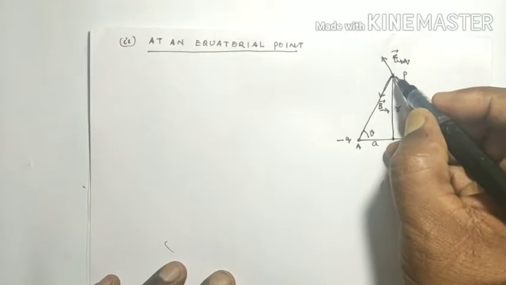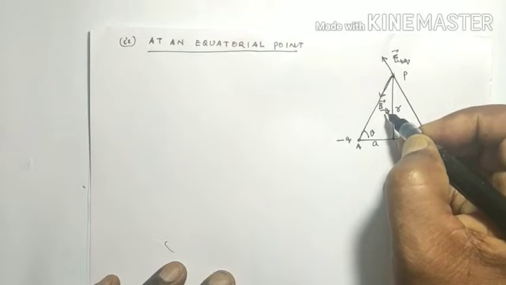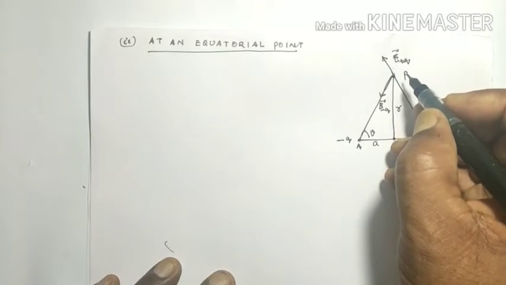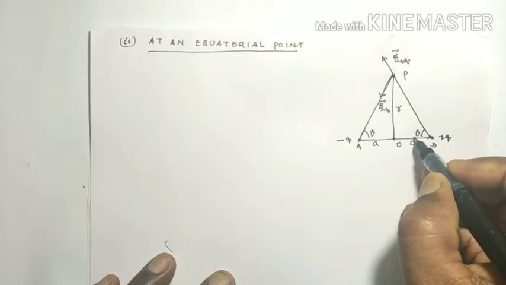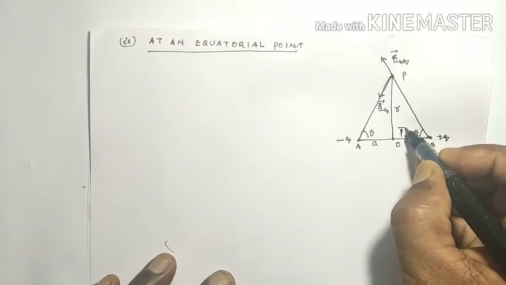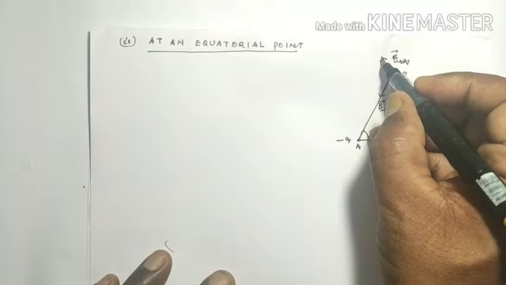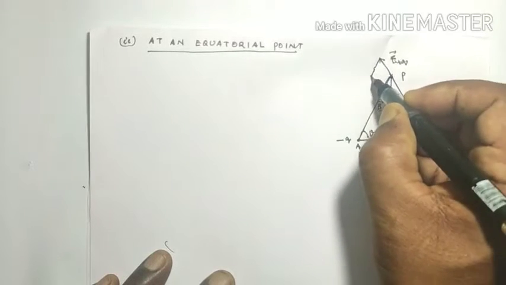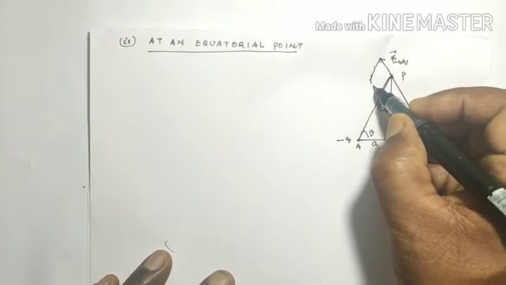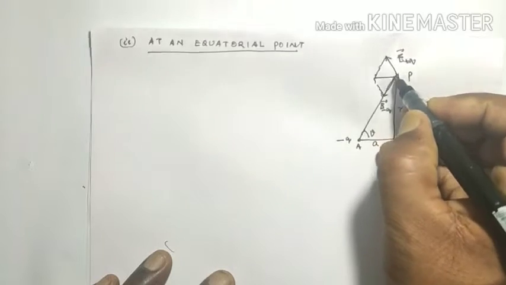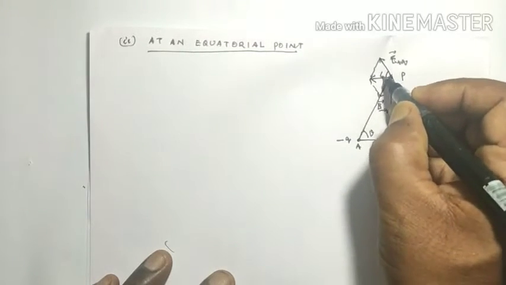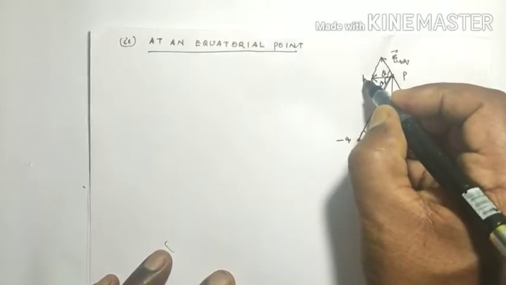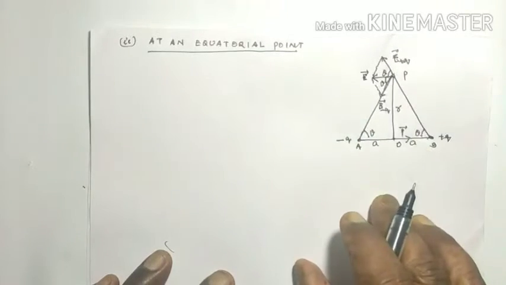Now the resultant field at P due to E minus Q and E plus Q is opposite to the dipole moment vector p. It can be found by using the parallelogram law or the component method of addition of vectors. This is the resultant electric field E.